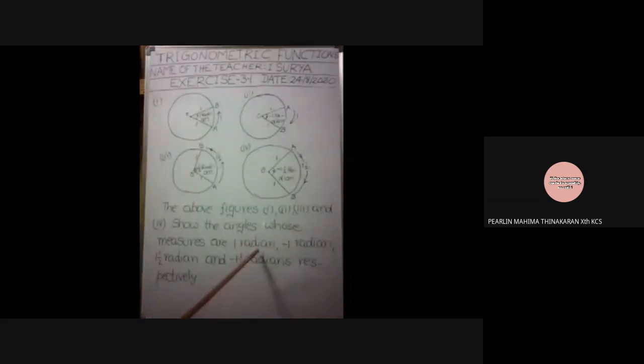Right. The above figures 1, 2, 3, and 4 show the angles whose measures are 1 radian, -1 radian, 1.5 radians, and -1.5 radians respectively. Understood this point, my dear children? Right.